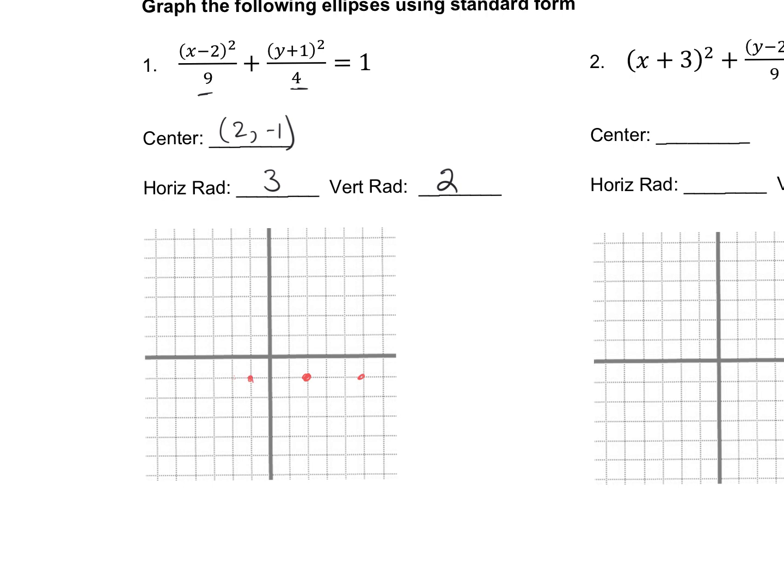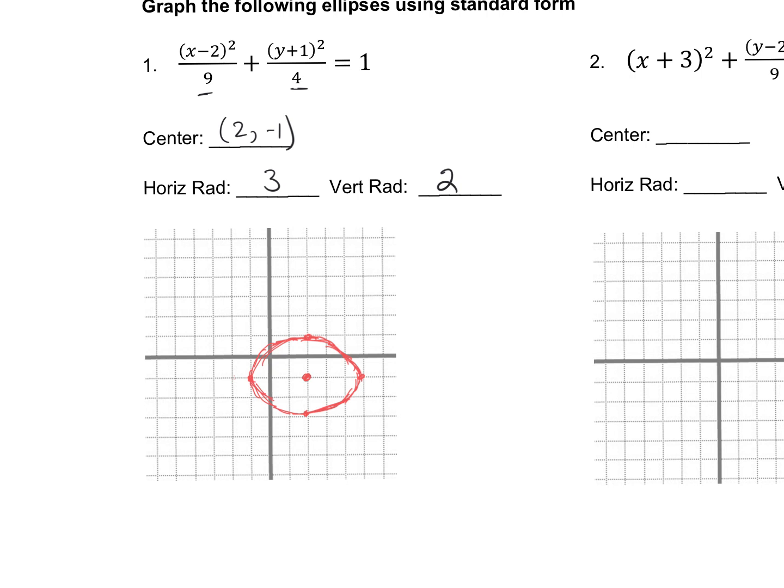Then the other way, we're going to go up 2, down 2. And when you draw these, you're kind of flat at each of those points. It's not a circle, but it's not a football-looking shape or a sub-sandwich kind of thing, the way I look at it sometimes when people draw them, okay? It's not the same as a circle, equal distance all the way around.